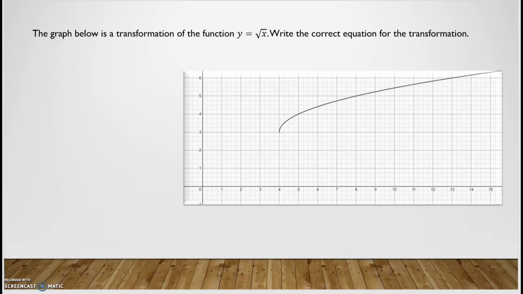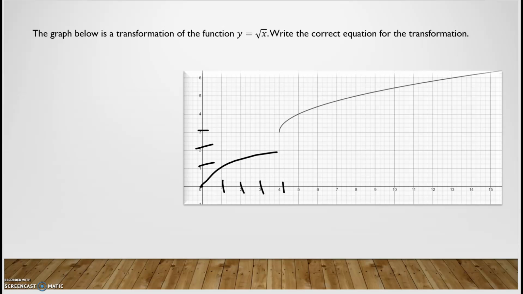Okay, if we take a look at the transformation of the square root of x, we need to write a formula for it. We know the original function starts at 0 and goes like this right here. So what we have done is we've moved over to the right by 1, 2, 3, 4 units and up 1, 2, 3 units.